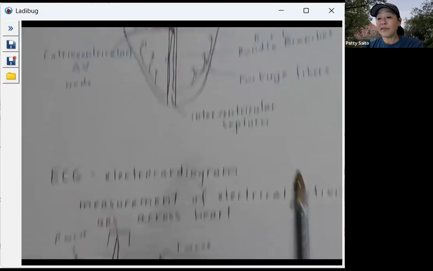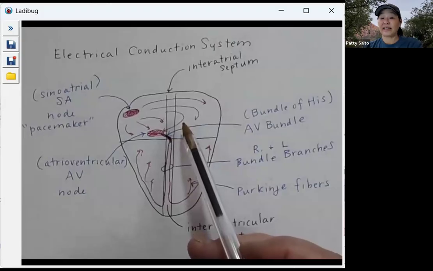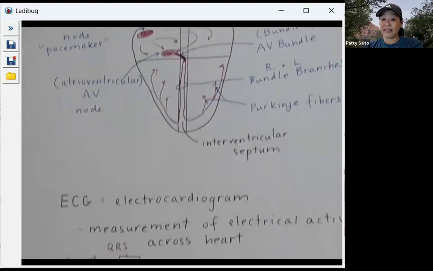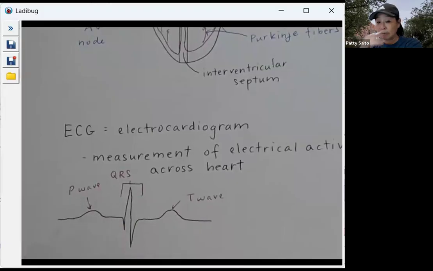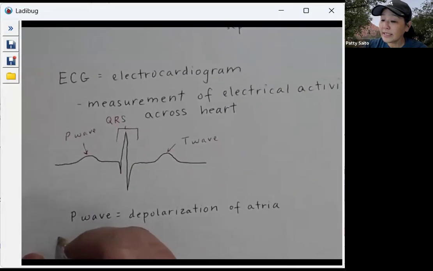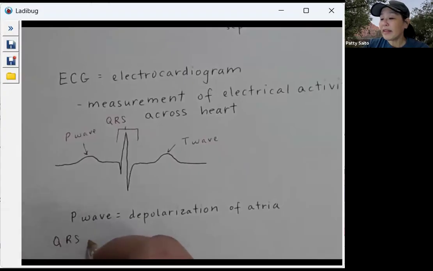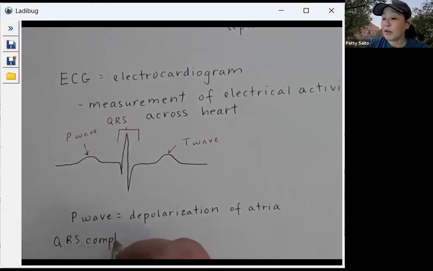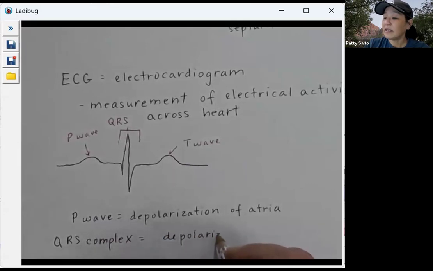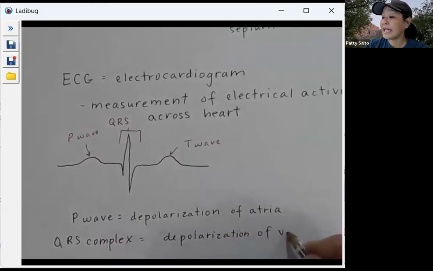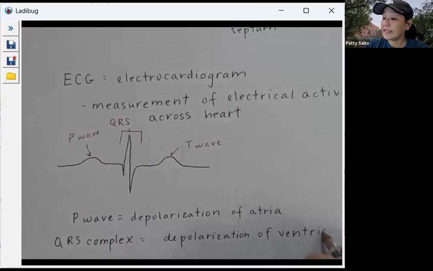And then after that happens, then the atria contract. But we don't record it here because it's only electrical. So the atria will contract in here. The QRS, and we call that the complex because it's more than one blip, is depolarization of the ventricles, right? Because that's going to happen next.